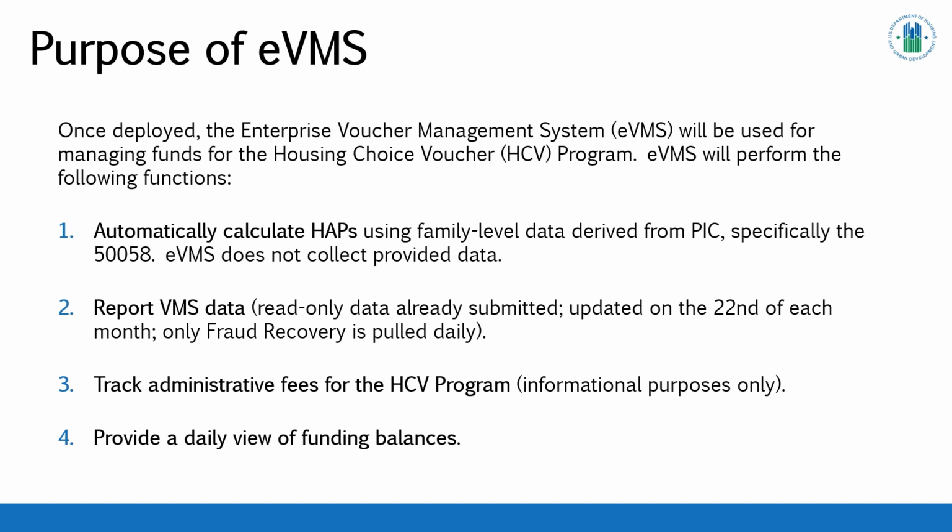EVMS does not collect provided data. Report VMS data. Read only data already submitted. This is updated on the 22nd of each month, and only fraud recovery is pulled daily. Track administrative fees for the HCV program for informational purposes only, and provide a daily view of funding balances.